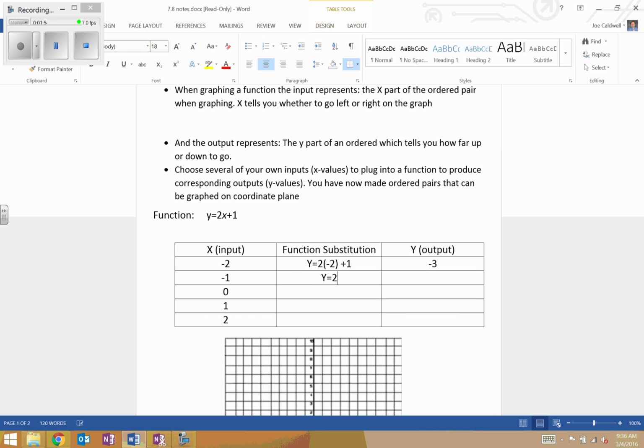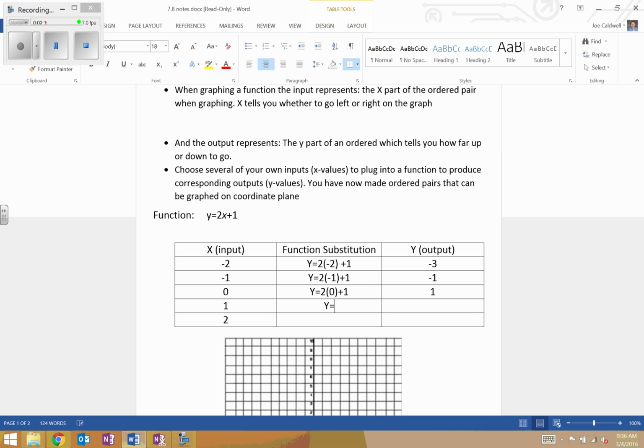So 2 times negative 1 plus 1 would give us an answer of negative 1. Finally, 2 times 0 plus 1 is 1.